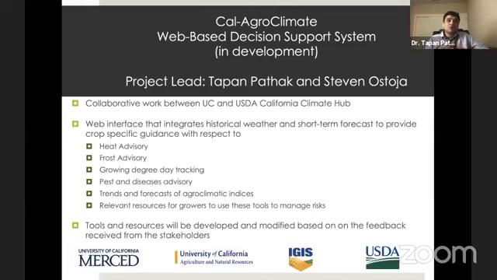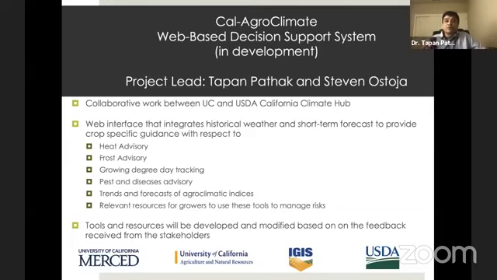We are trying to integrate historical weather data, short-term weather forecasts, and climate projections all together to provide heat advisory, frost advisory, crop specific phenology, crop specific pest and disease advisory, and other indicators.